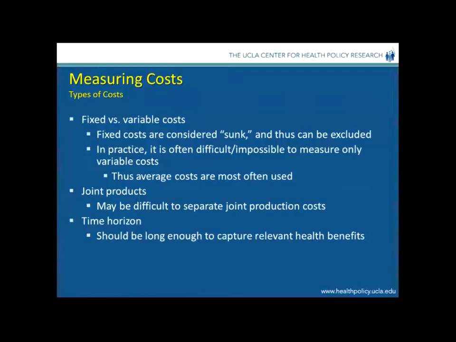So then you have to look at more proximal health outcomes, and you can measure changes in health behavior, and then say that's important, and we'll infer that if those changes in health behavior can be maintained, that will translate down the road into better health outcomes.